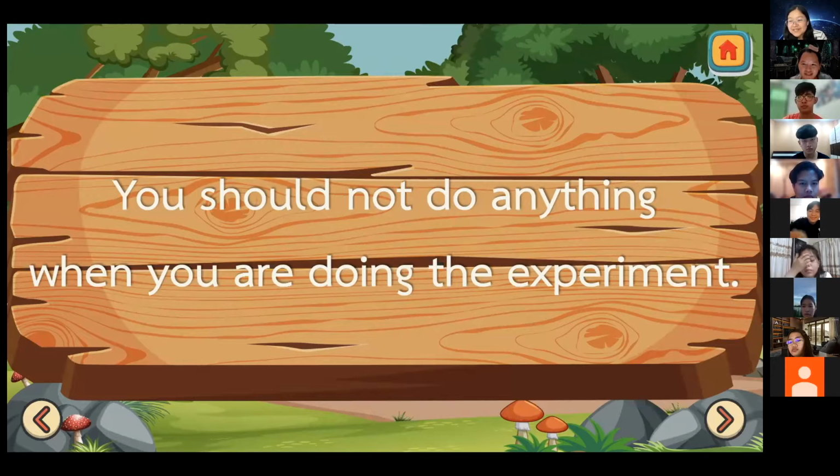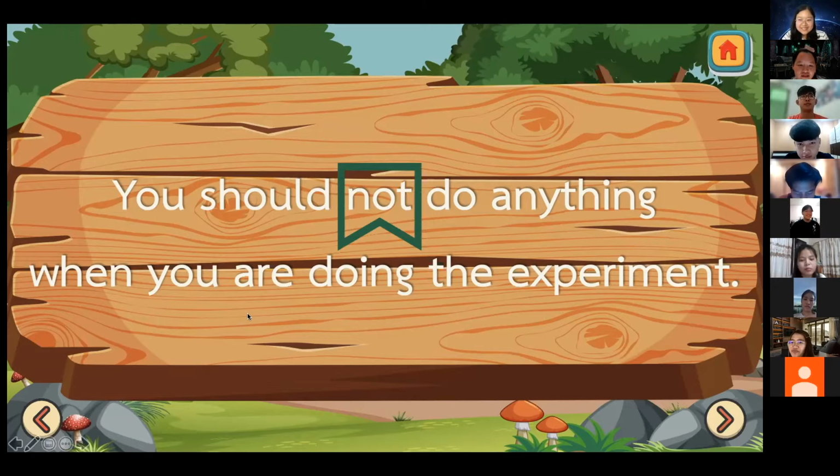Manny, do you want to read this sentence? Yes. Okay, great. 3, 2, 1. You should not do anything when you are doing the experiment. Good job. Everybody clap your hands for Manny. Great.